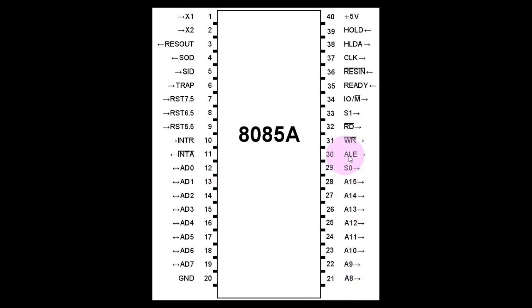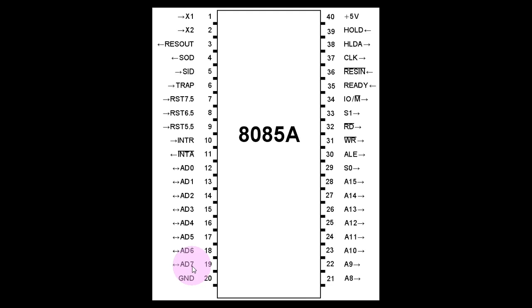But if ALE is enabled, that signifies AD0 to AD7 has the lower byte of the address, and the higher byte is present on A8 to A15. If ALE is disabled, the higher byte is still available, but the lower byte has gone, and what is now available on AD0 to AD7 is your data portion, so you can take data from there.